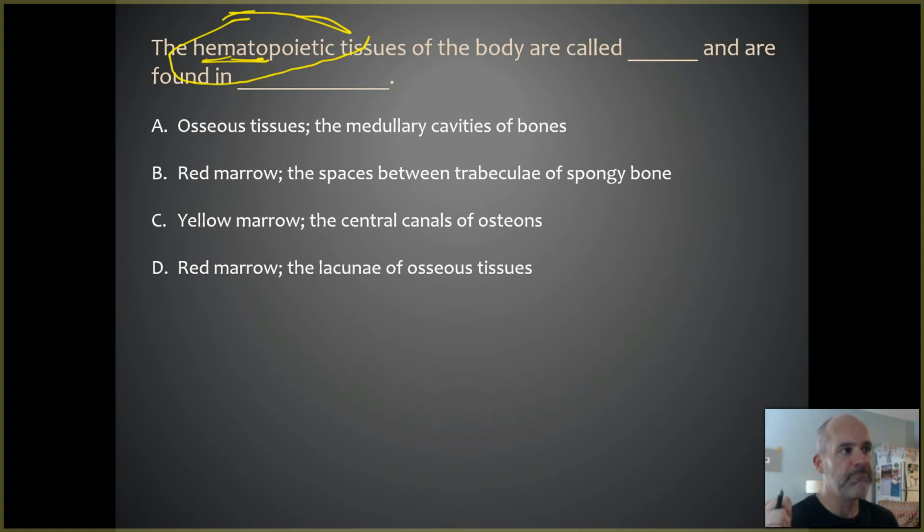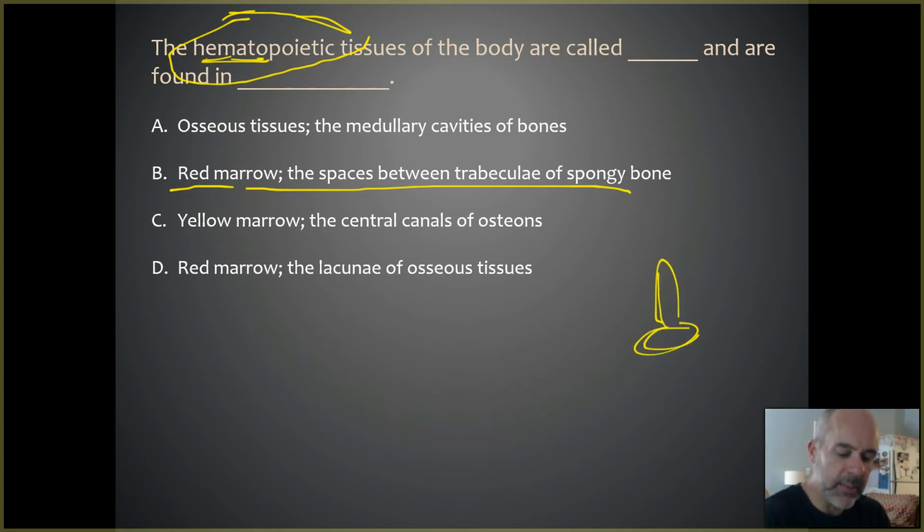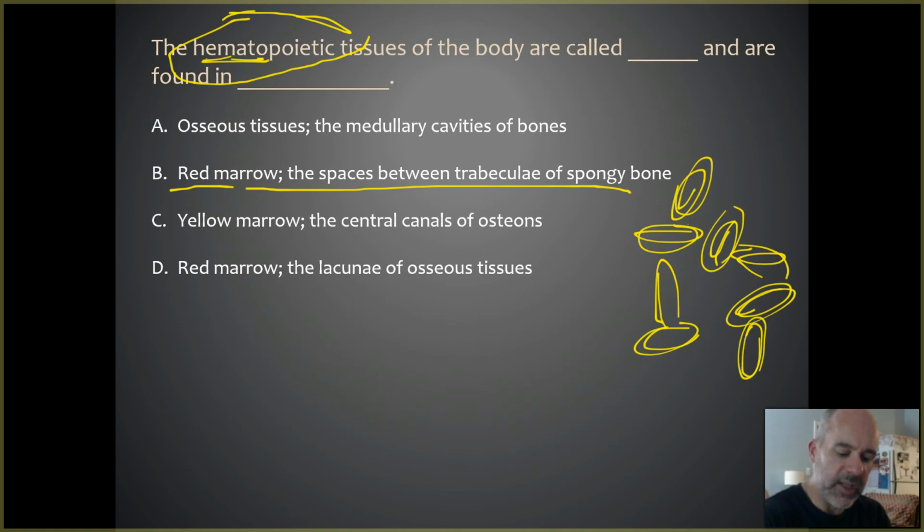And where do you find them? Among these choices, your correct answer is going to be, you would find them in the spaces between the trabeculae of spongy bone. Remember, the trabeculae are the little T-shaped subunits in spongy bone that give spongy bone that spongy-like character.